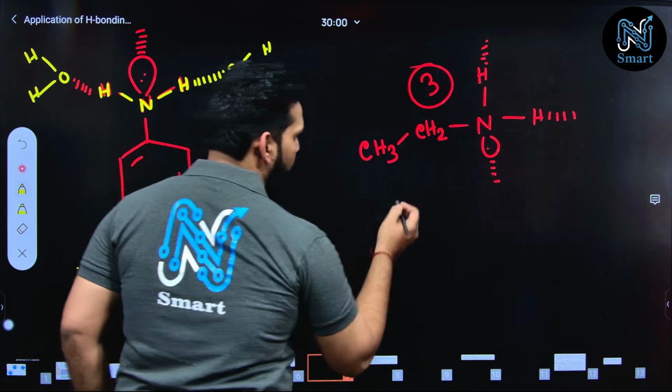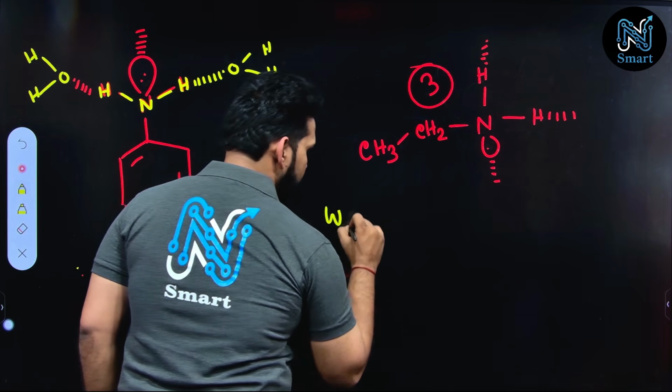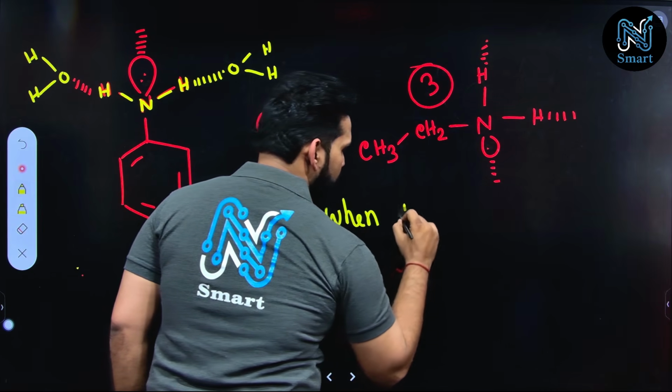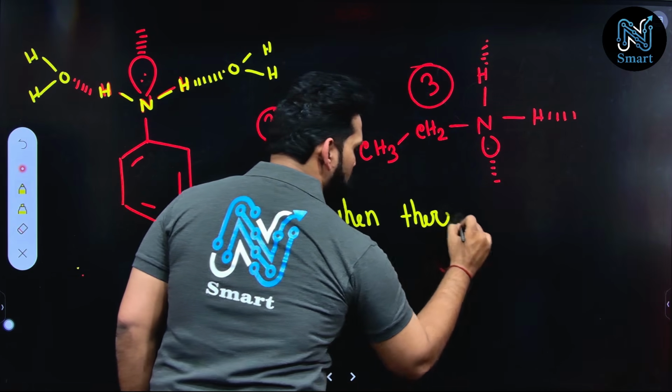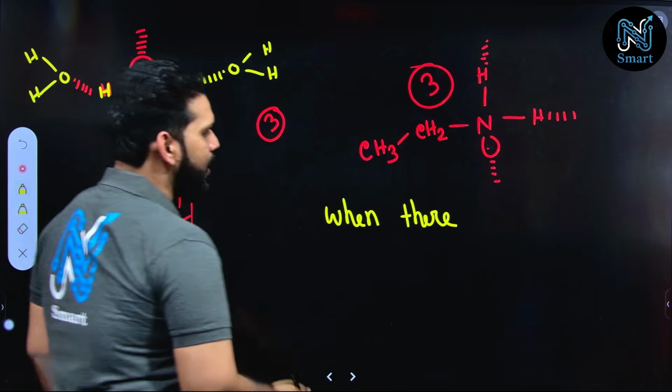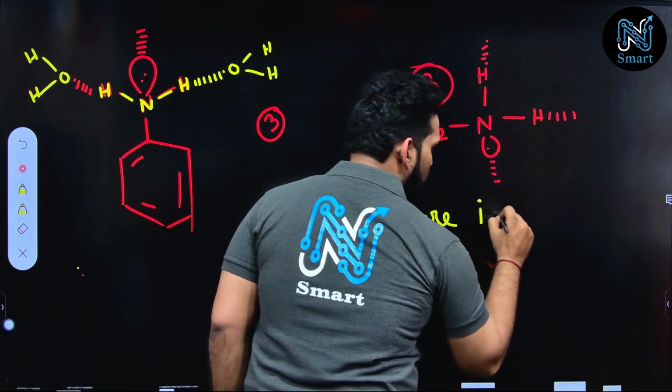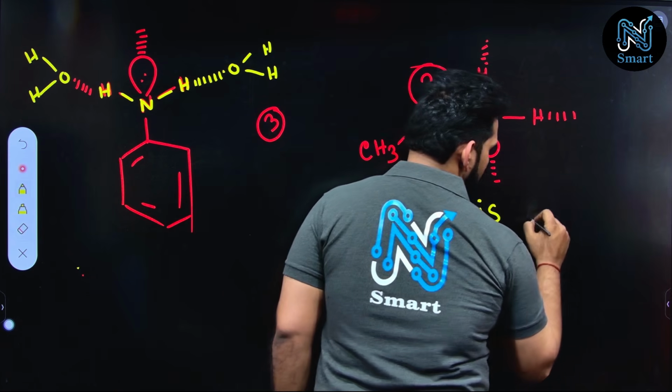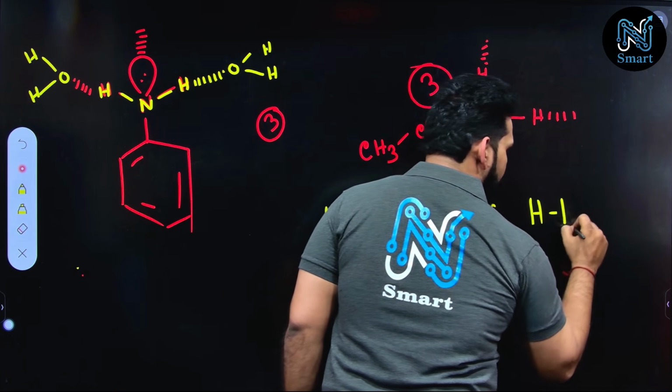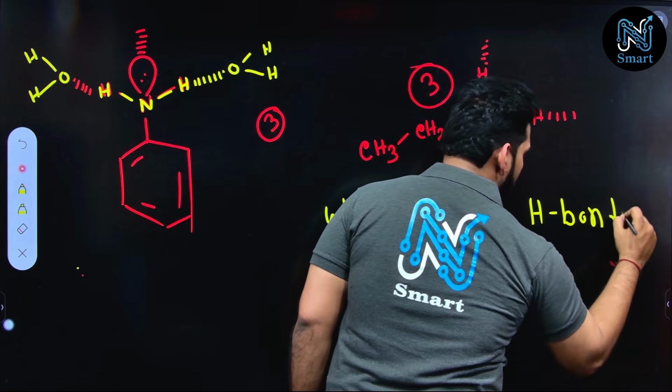So I'm going to just write it down first. This is the last question of this video, guys. In the next video, we will be solving the rest of the questions. When there is hydrogen bonding, guys, this topic is very, very important for us.